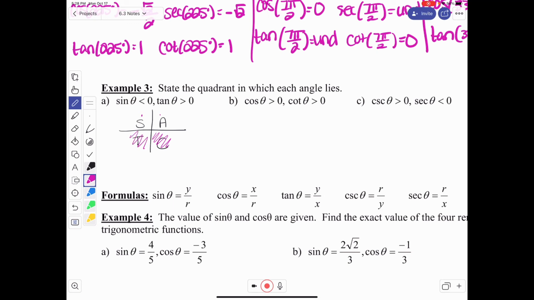Then it tells me tangent is greater than 0, so that means it's positive. Out of these two that I have marked now, which one is tangent positive in? Tangent is positive in the one that's marked T. So my answer is going to be quadrant 3.